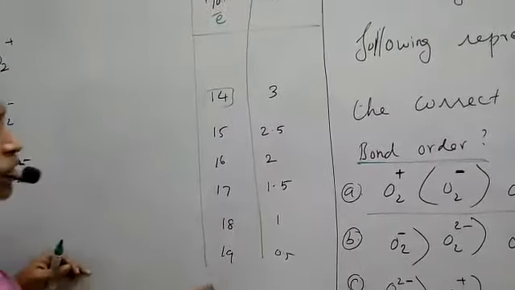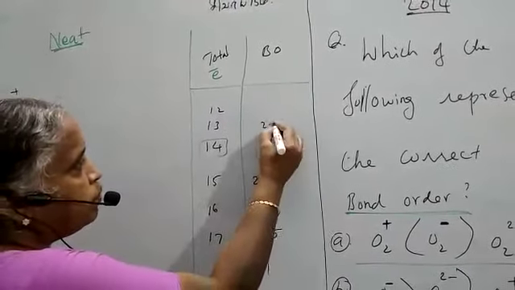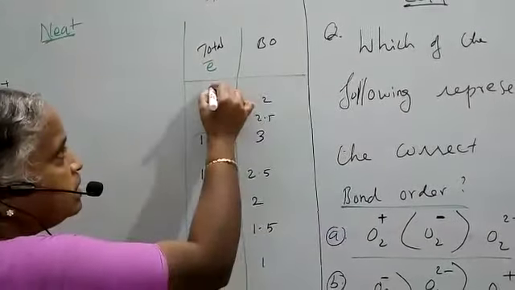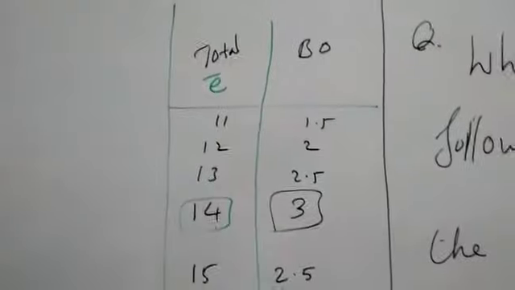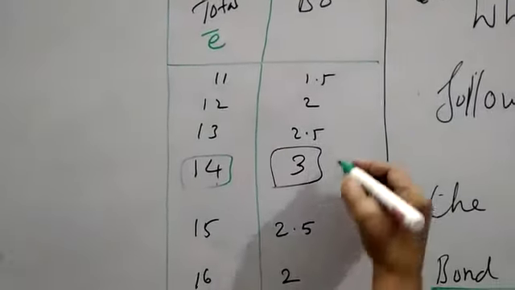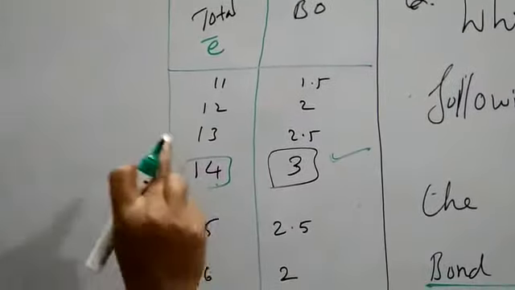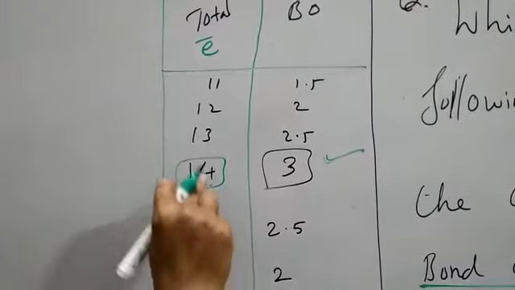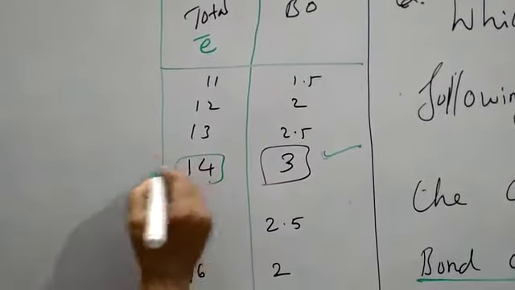So this is still 20. If it is 13, 12, the bond order is 2.5, 2, and like that, 11 means 1.5. Children, keep in mind that the midpoint is 14 electrons, total electrons. Don't forget: total electron 14 means its bond order is 3.